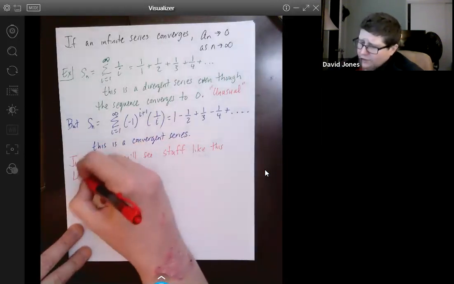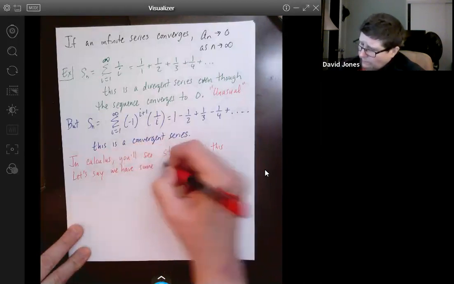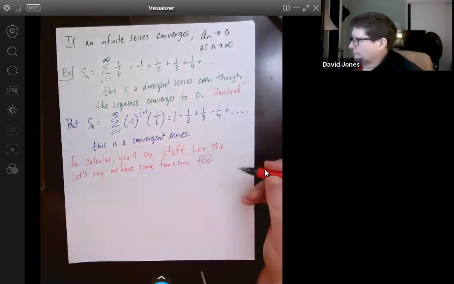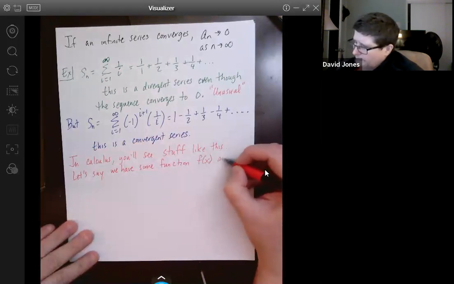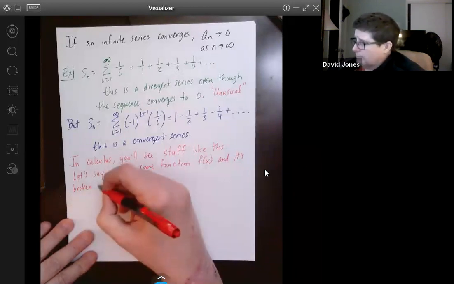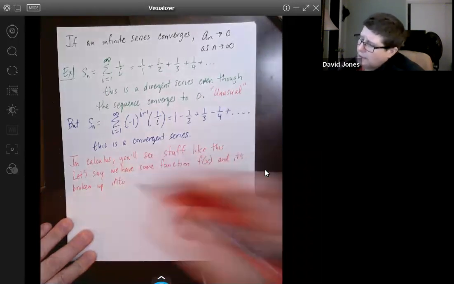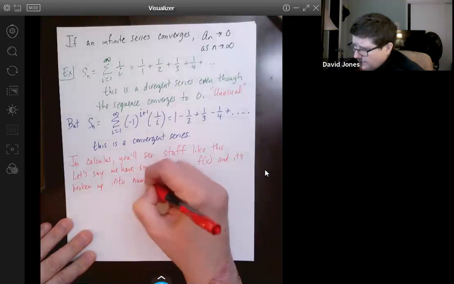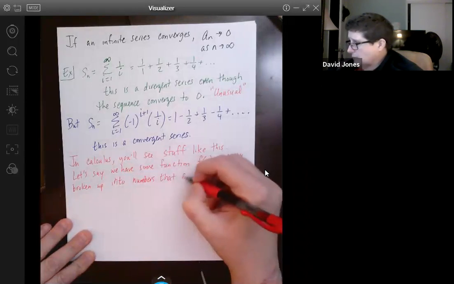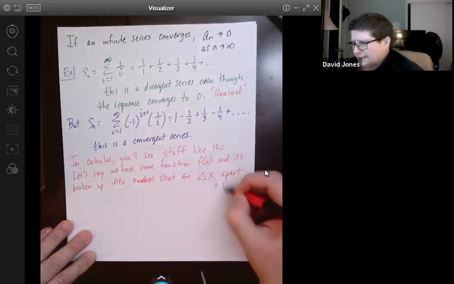Let's say we have some function f of x, and it's broken up into numbers that are delta x apart. That's read delta x.